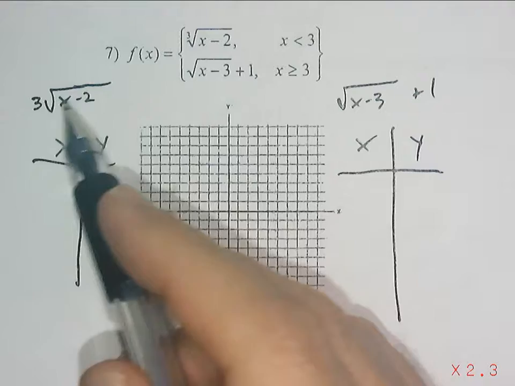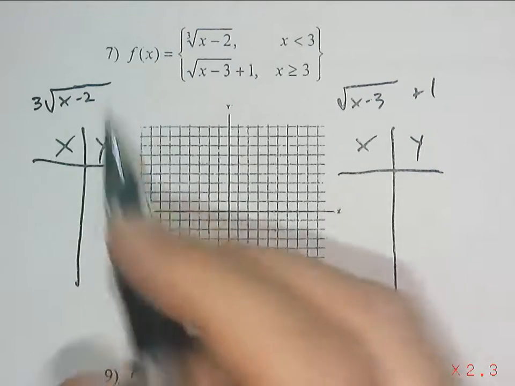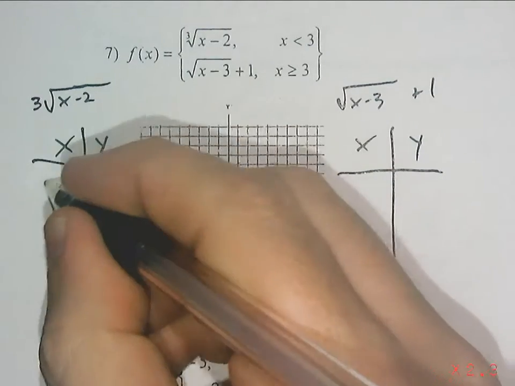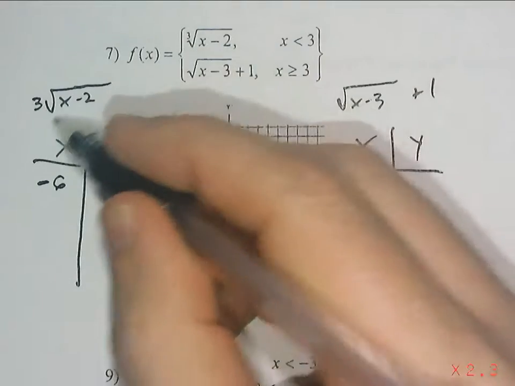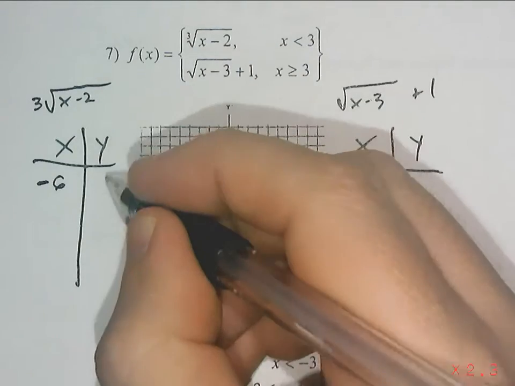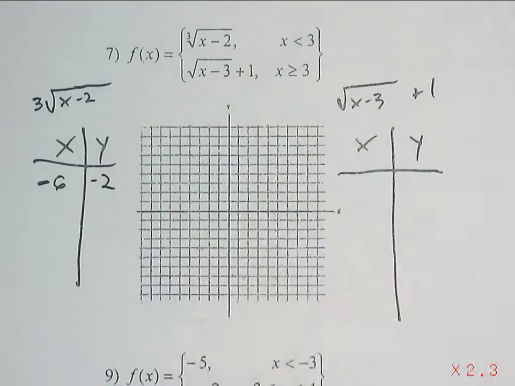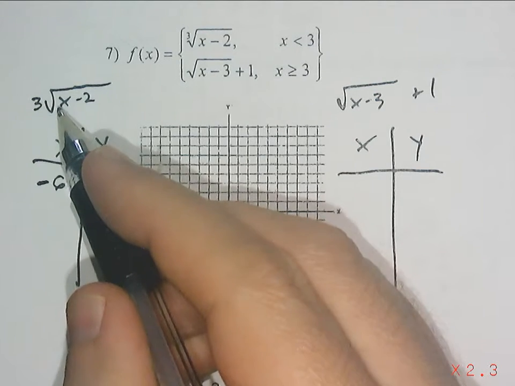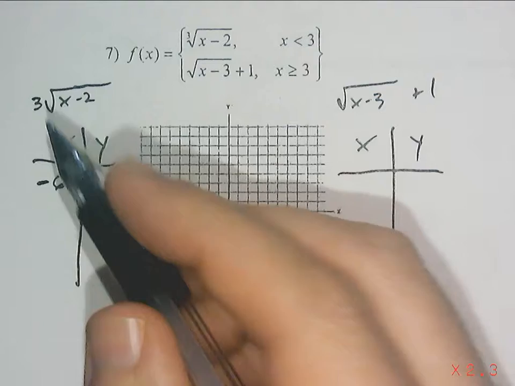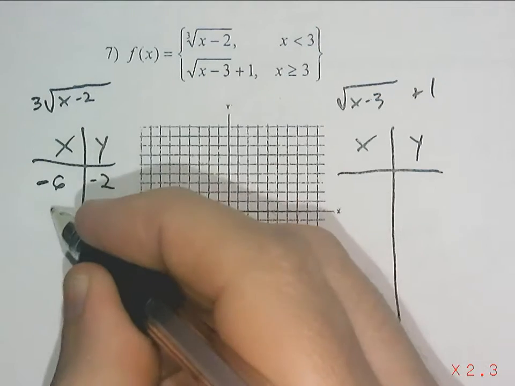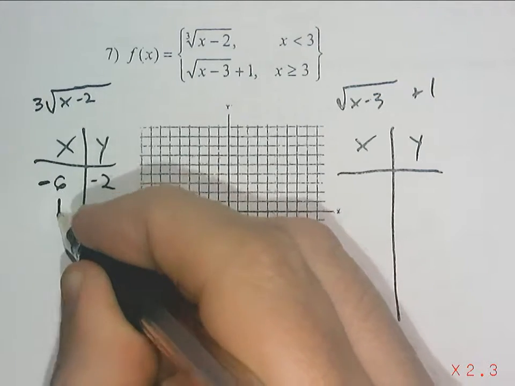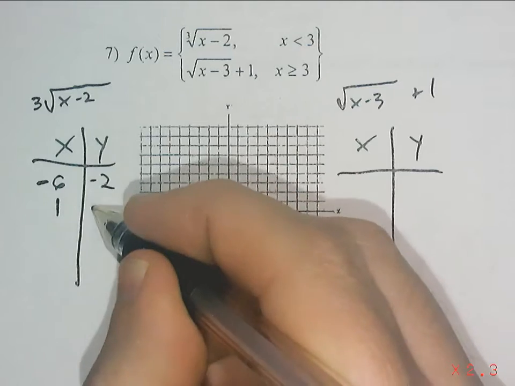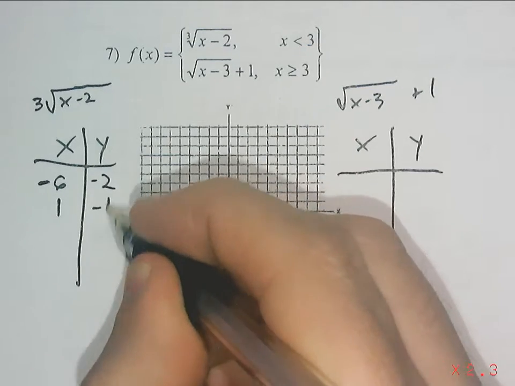Because I want to get this to be a -8 cube root, right? So I'd actually plug in -6. -6 minus 2 is -8. Cube root of -8 is -2. Okay, and then I would plug in positive 1, because 1 minus 2 is -1. So I'd plug in positive 1, which would give me a cube root of -1.